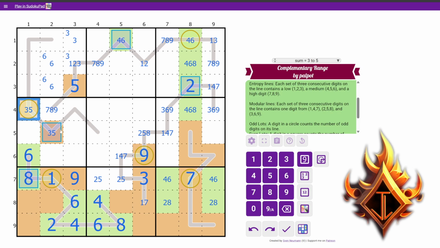Perhaps I do not know that one yet. Is 3 doing something with Sudoku? This is a low number. If that was 3, that would be 1.